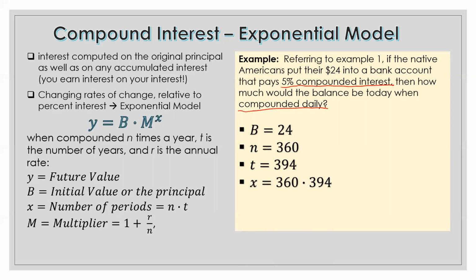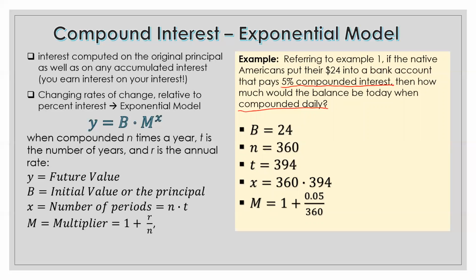And then X would be how many periods we have gone through when calculating the interest. So the number of periods would be how many times it's compounded multiplied by how many years. So 360 times 394.